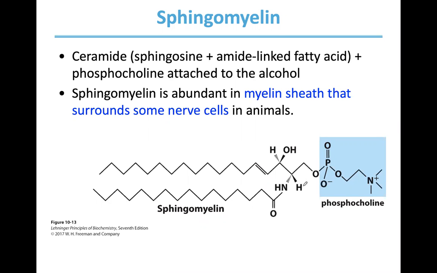And so sphingomyelin, one of the major functions of this would be in the formation of myelin sheath that surround nerve cells in animals, for example, in central nervous system, CNS, and peripheral nervous system, right?